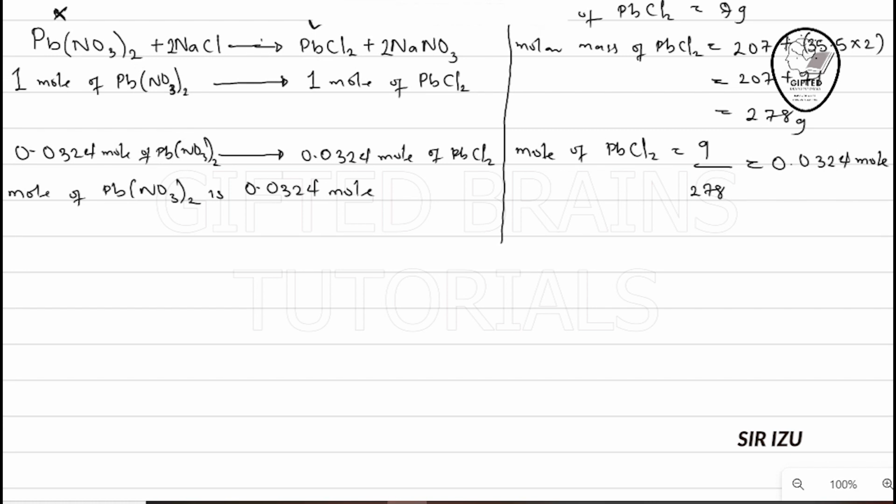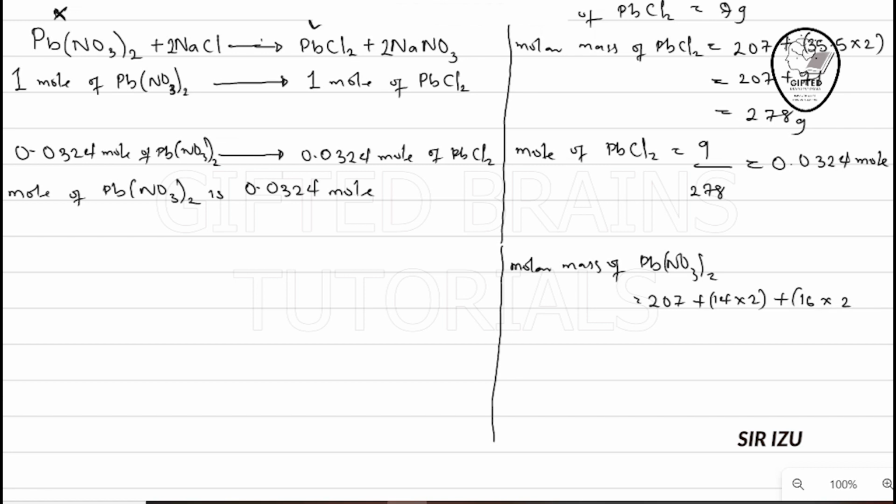We've gotten the mole already, so we can say that the molar mass of Pb(NO3)2 is actually, Pb is 207 plus nitrogen, which is 14 times 2 because of the 2 here, plus oxygen, which will be 16 times 6 because of the subscript 2 outside the bracket.